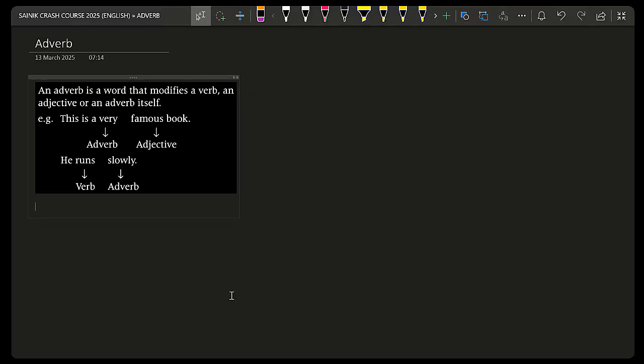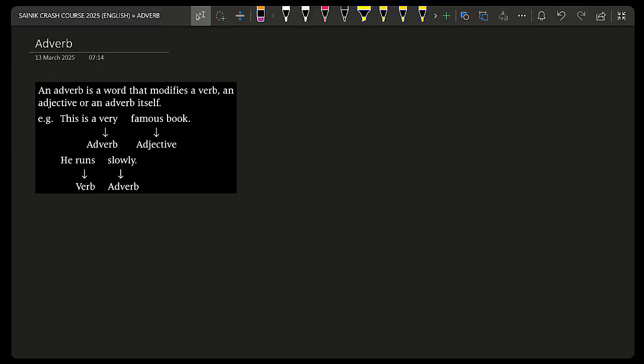In this, famous is an adjective and very is modifying its meaning. So very is the adverb. He runs slowly. Runs is the verb and slowly is the word modifying the meaning of runs. So it is an adverb. So what is an adverb? It modifies a verb, an adjective, or an adverb.